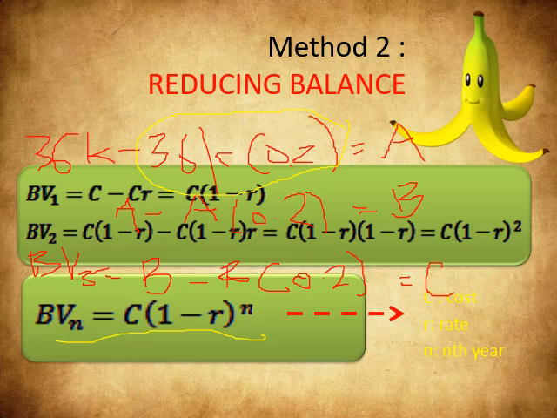For BV1, depreciation for the first year, you need to know the value before it: at T0, 36,000. To find the depreciation for the second year, you need to know the book value at the previous first year, A. For the third year, you need the value of the previous second year multiplied by the rate of depreciation. So you get the depreciation. When cost is minus the accumulated depreciation, you get the book value.